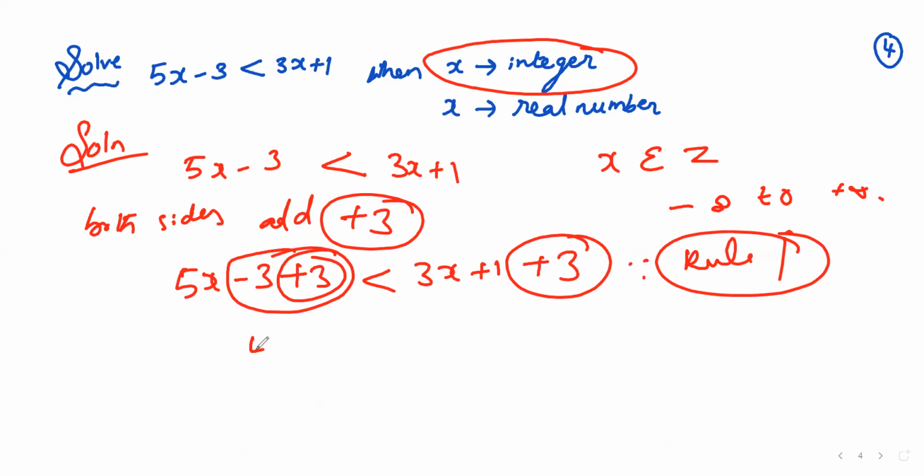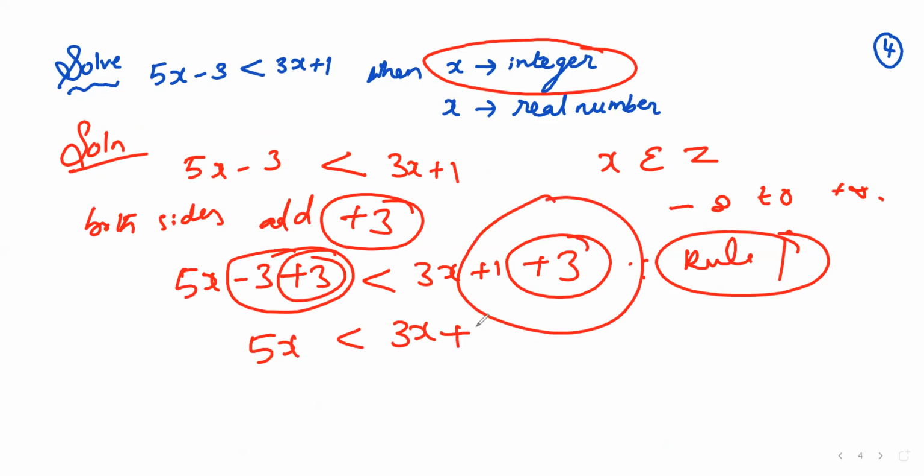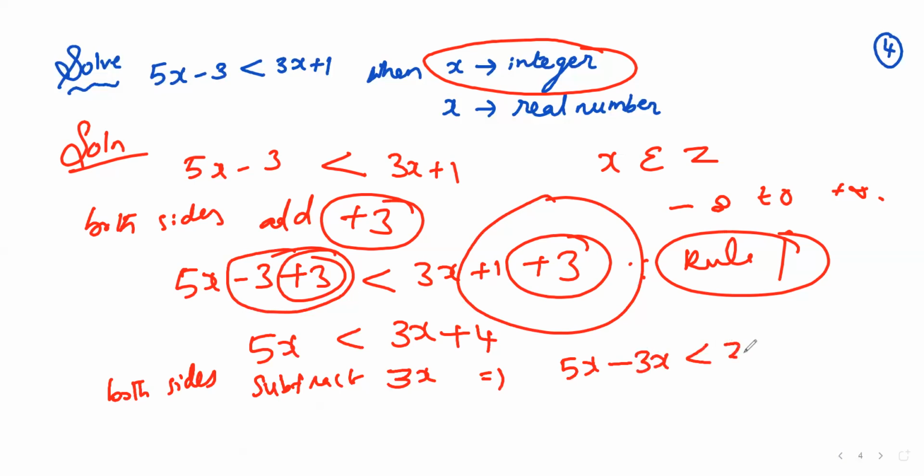What will you get? This became 0. So 5x is less than 3x, and these two numbers get added, plus 4. Now on both sides subtract 3x. 5x minus 3x less than 3x plus 4 minus 3x.